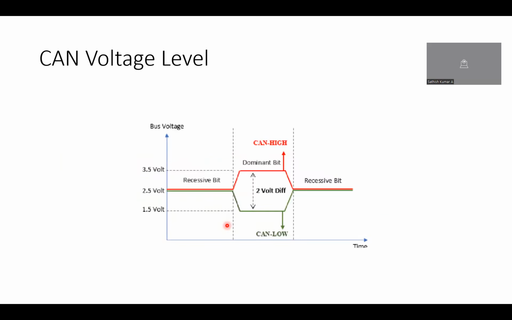When we talk about CAN voltage levels, we have CAN high and CAN low. CAN high goes from 2.5 volts to 3.5 volts, and CAN low goes from 2.5 volts to 1.5 volts. When communication happens, it stays within this voltage range between CAN high and CAN low, as recessive bit and dominant bit, in a continuous pulse where the width changes based on the data.